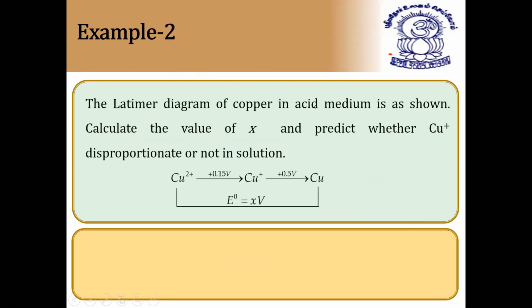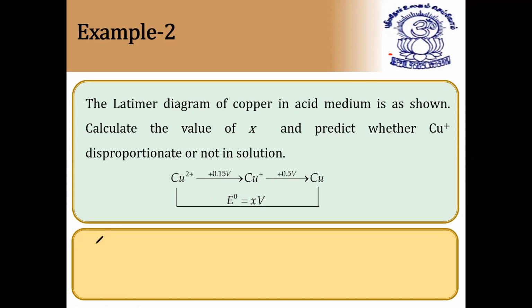Example 2. The Latimer diagram of copper in acidic medium is as shown below. Calculate the value of X and predict whether Cu plus disproportionates or not in solution. So here Cu plus 2 to Cu plus is 0.15 volts, and Cu plus 2 to Cu is 0.5. And what is E degree of X? That is total Cu plus 2 to Cu. By using delta G value, you can find out.